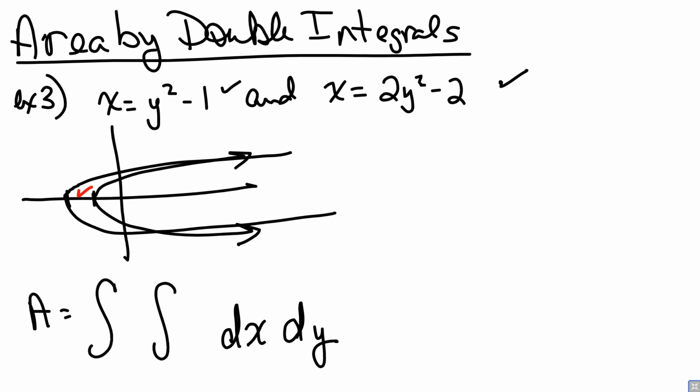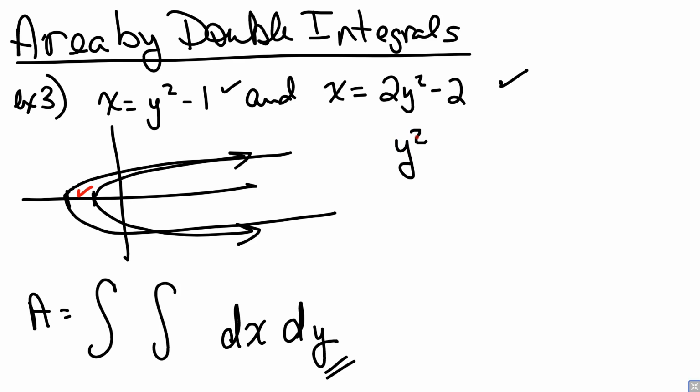Now, for y, we can find that easily. And keep in mind the y limits are going to be numbers because we need that in order to be able to find the area. So in order to find those values for y, we're going to set the equations equal to each other and solve for y.